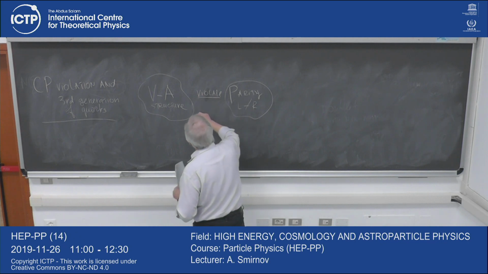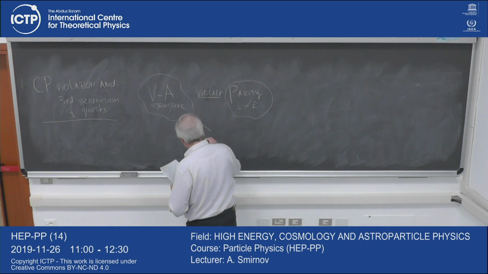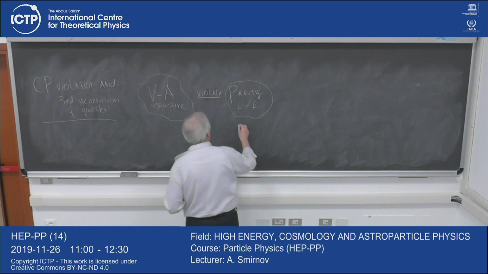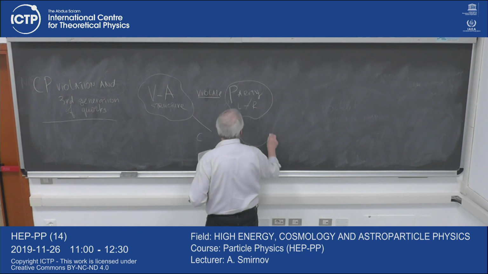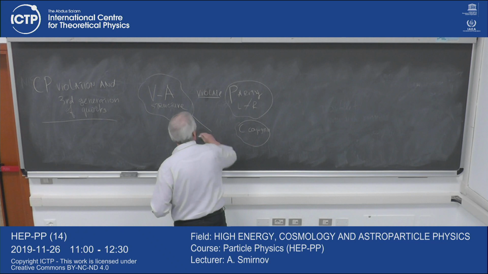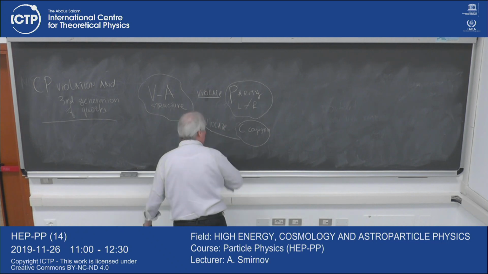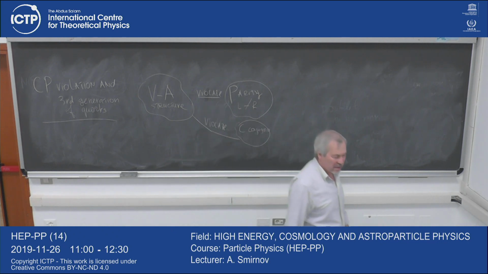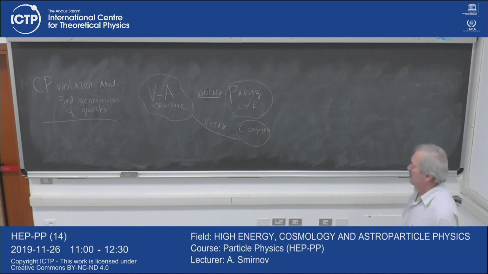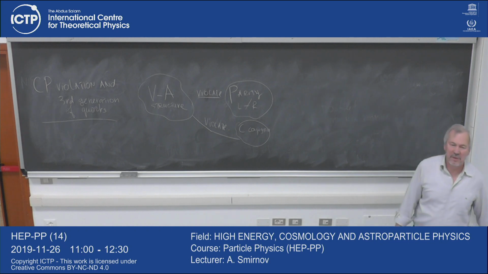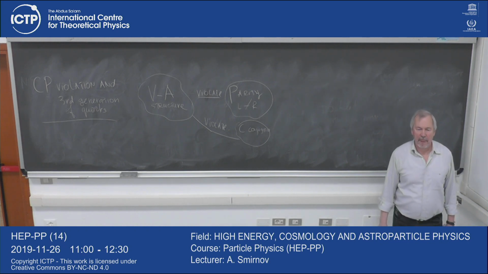Not only this, V minus A violates C symmetry, or C conjugation. So you can conjugate your particles, and everything is fine when you consider electromagnetic interactions or strong interactions. But V minus A breaks also the symmetry between particles and antiparticles.